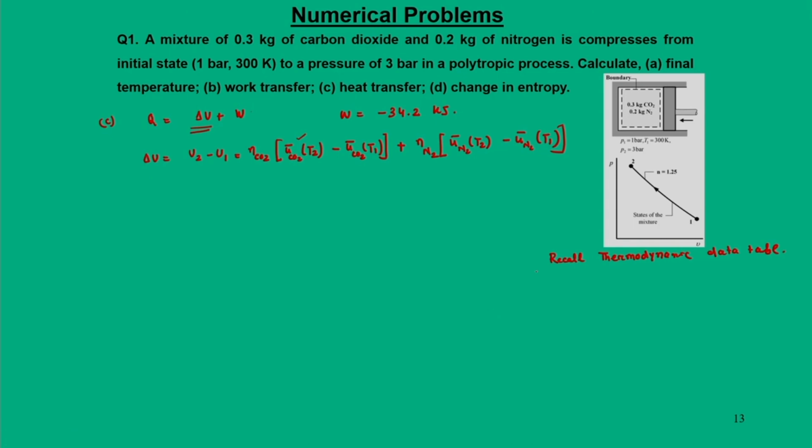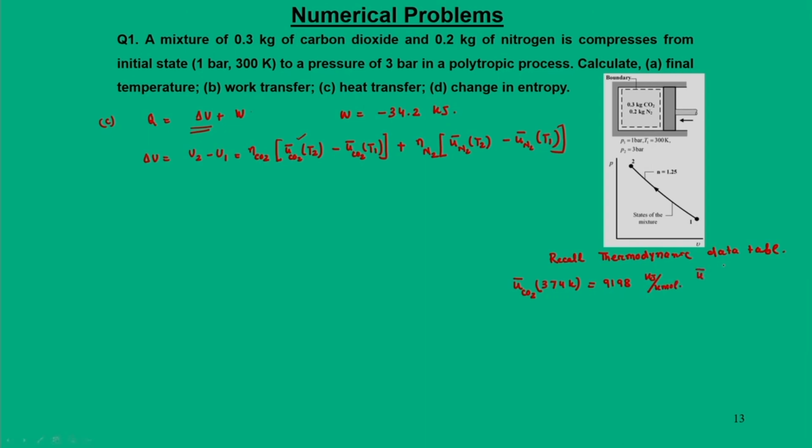In this case we need to find 4 numbers for N2 as well as CO2. U bar CO2 at temperature T2, the final temperature of 374 Kelvin, is 9198 kilojoule per kilomole.